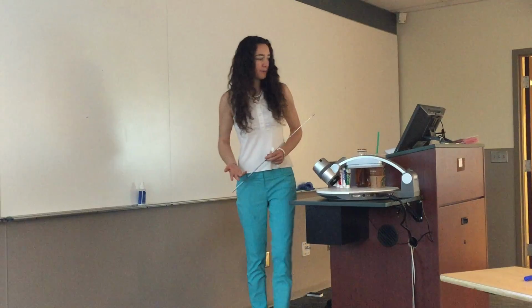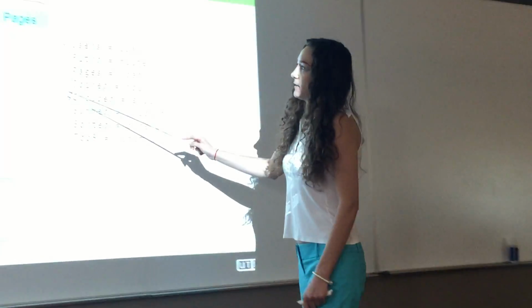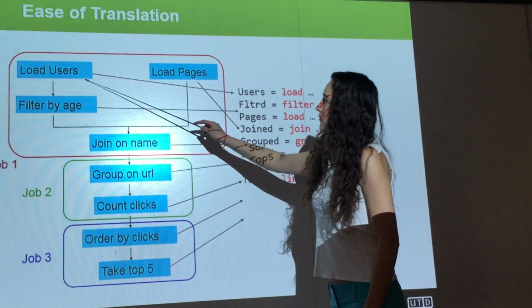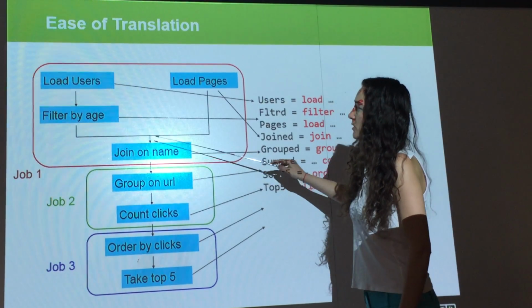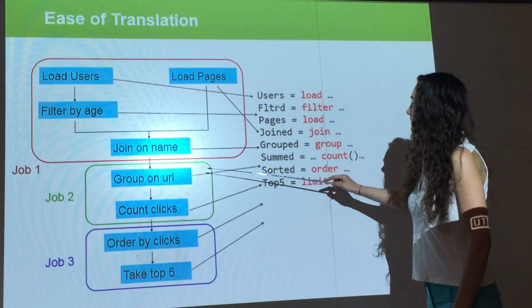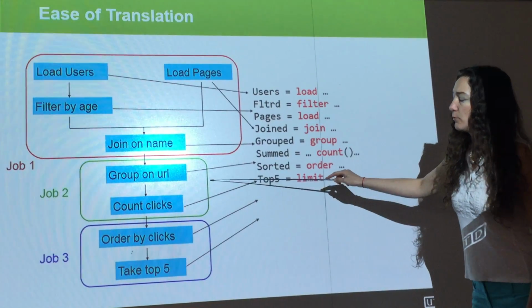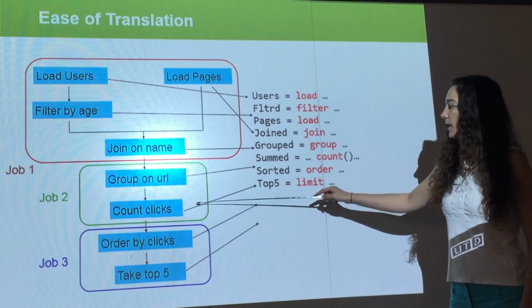It does create MapReduce jobs, so this is what it's going to do. That's going to be load the users and load the pages, filter by age. So this is going to be the first job, the red one. Then the green one will be job number 2. So group on URL and count clicks.